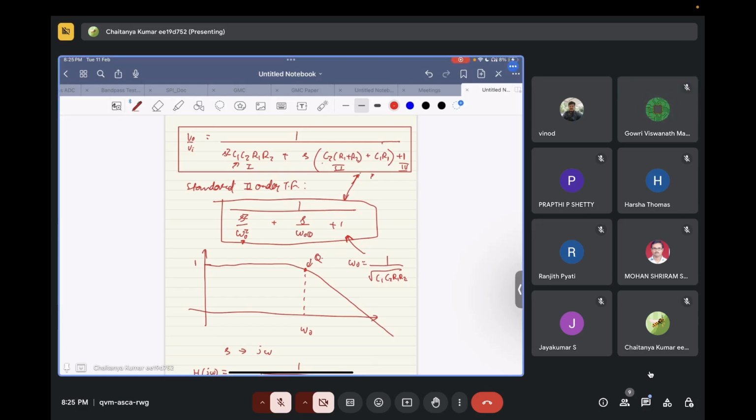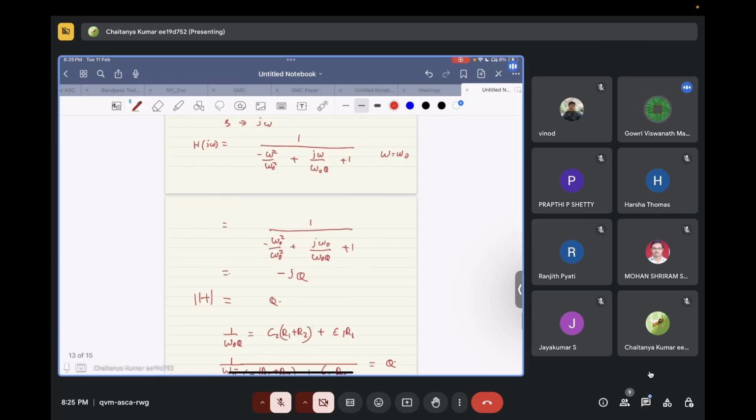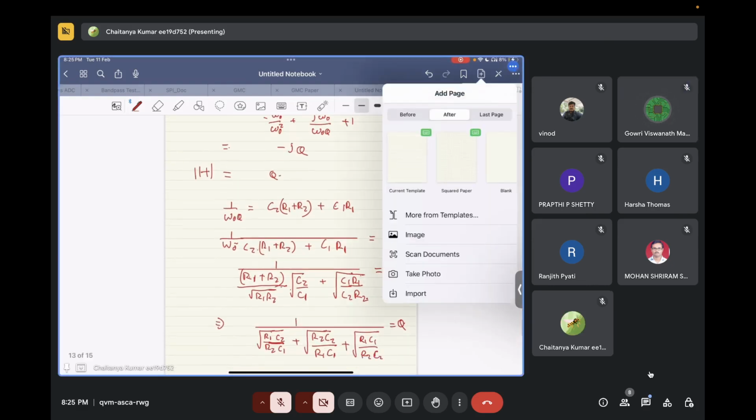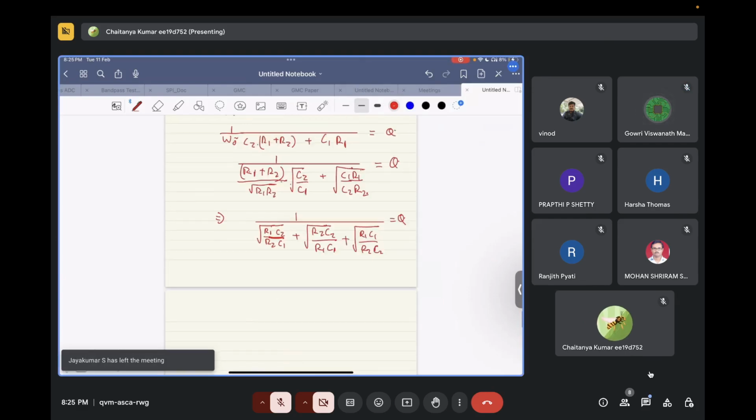Is this clear? Yes. Let's say I want Q as 1 by square root 2. Okay.